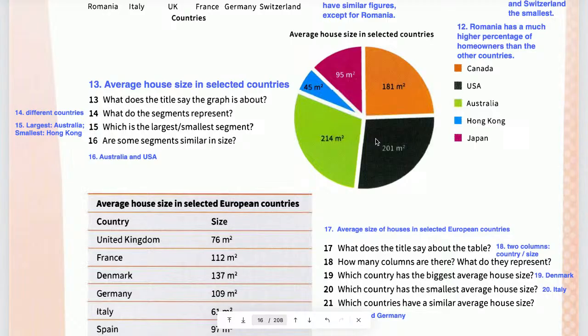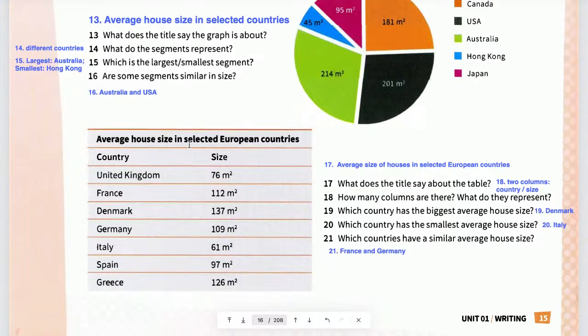Yes or no? No, they are outside Europe, right? So that's why they just compare the average house size in some selected European countries with the average house size in some other countries outside Europe.